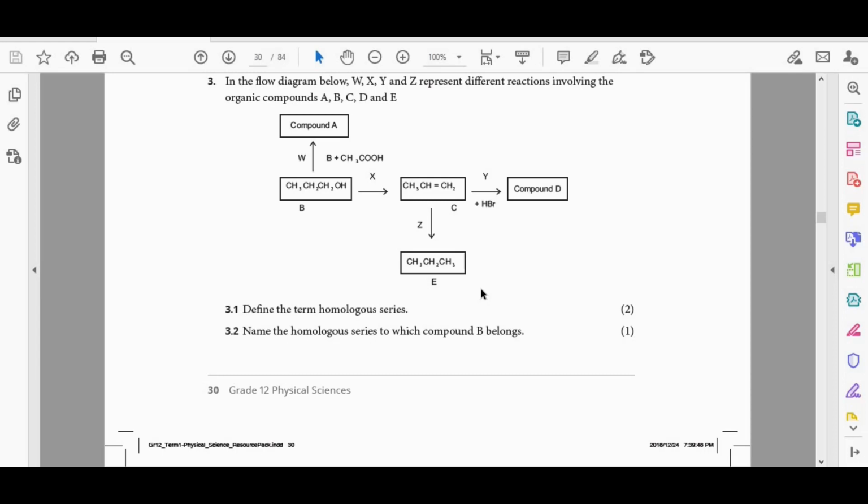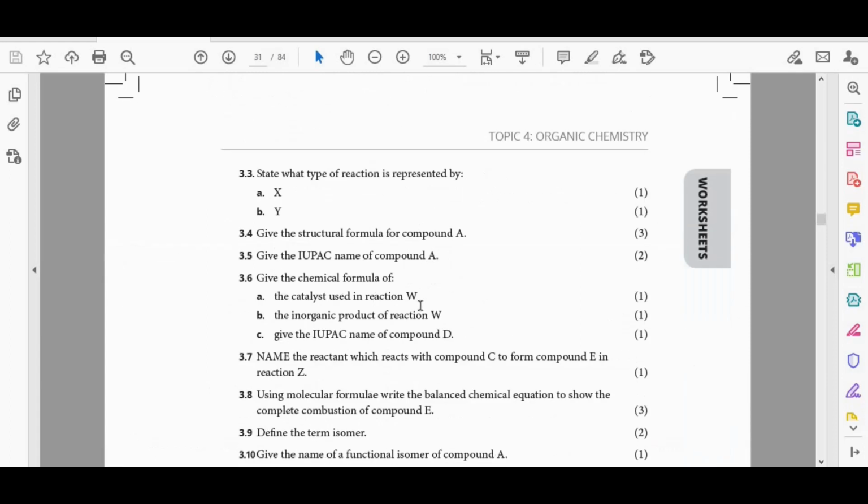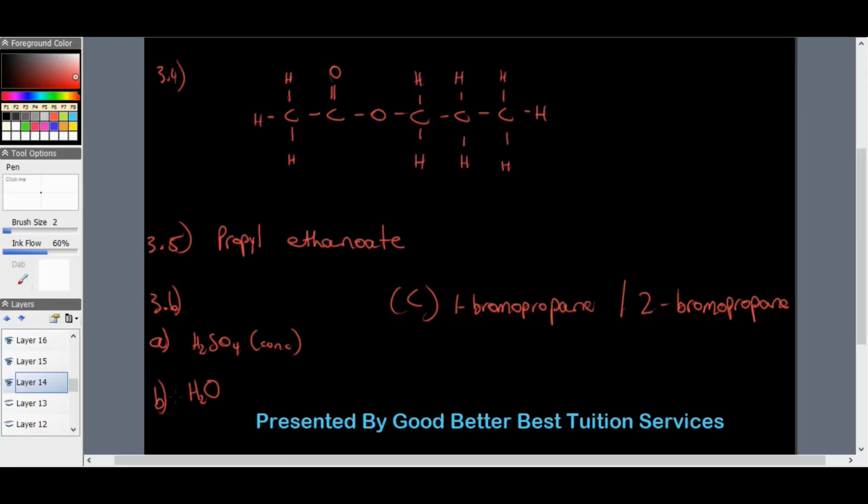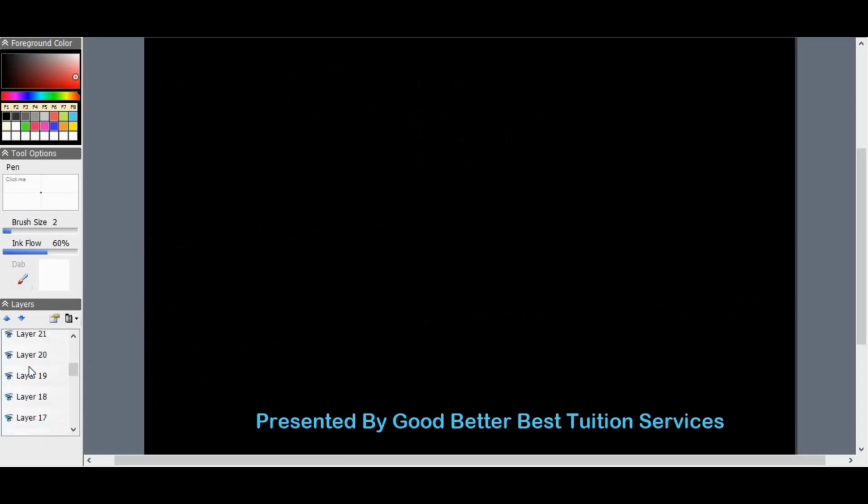Now, of course, we need to find out what compound C reacted with to get to compound E. Would anybody like to shed light on 3.7? Hydrogen. Excellent.